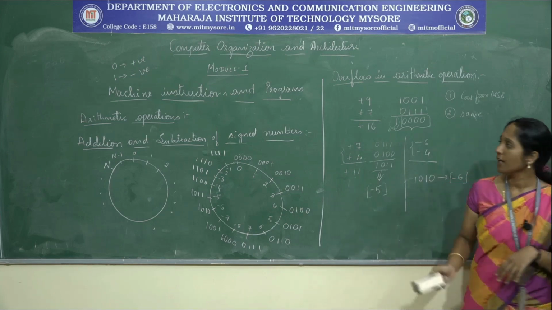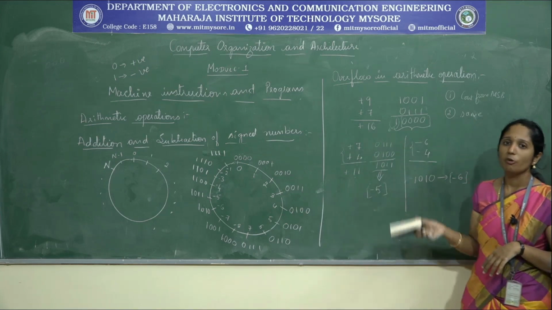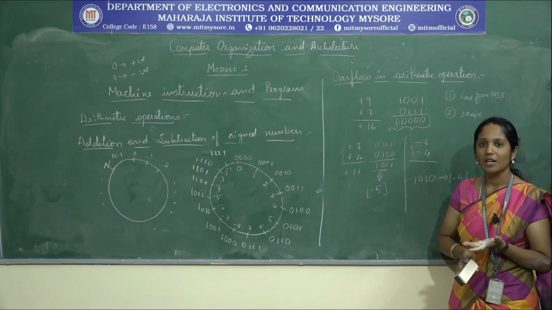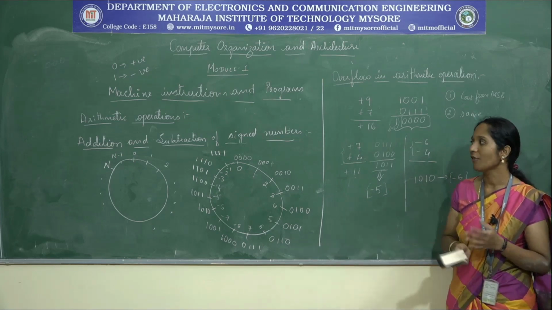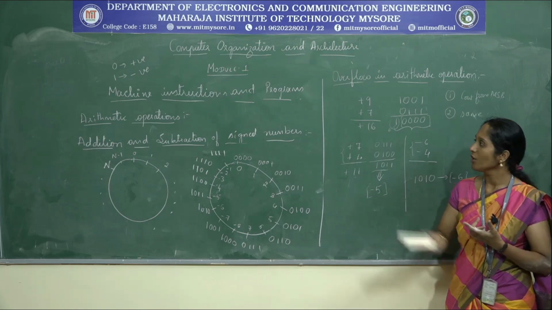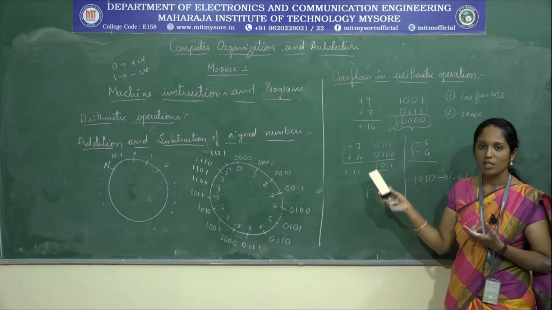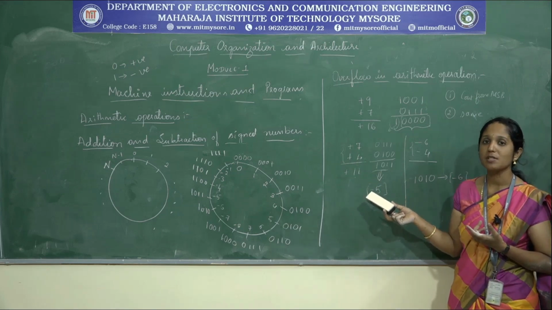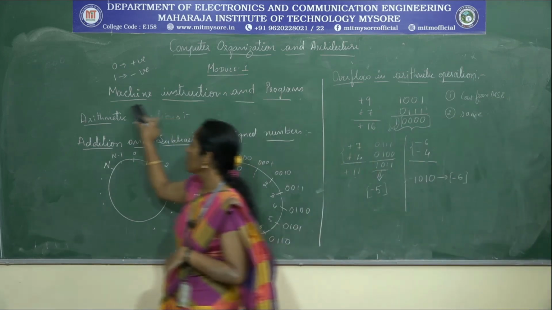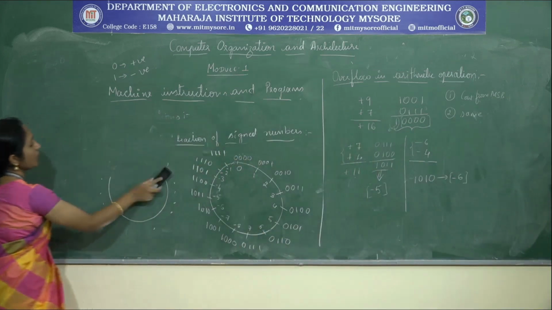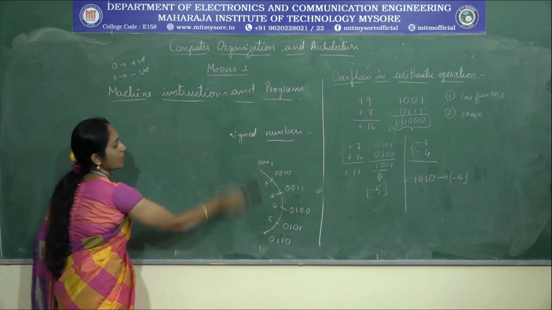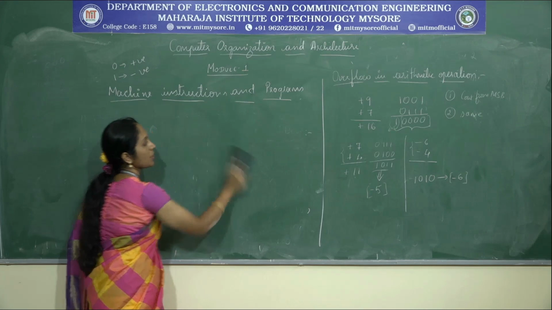Next, after understanding the number representation, in this class we will be learning how to represent characters. As we discussed in the beginning, we usually give the input as either numbers or characters. Now we have learned the basic operations that can be performed on numbers, and we will discuss how to represent characters.